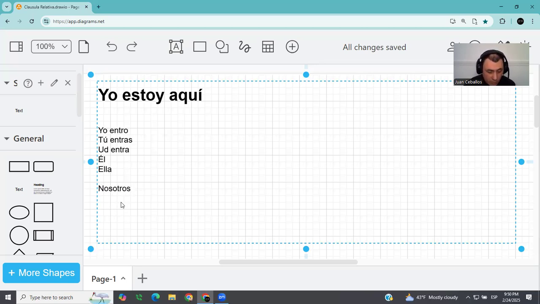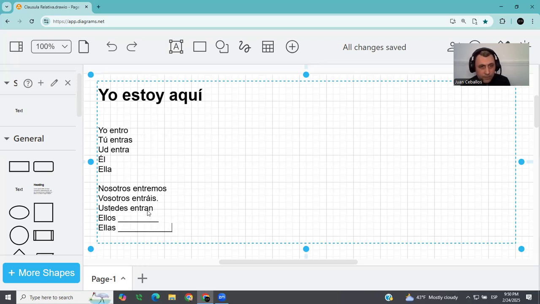Nosotros entramos, okay? Vosotros entráis, and ustedes entran. They are missing ellos. Ellos is missing, and ellas is missing as well.